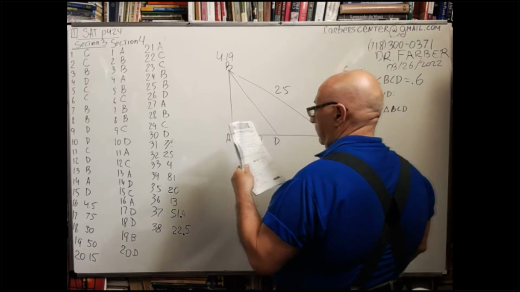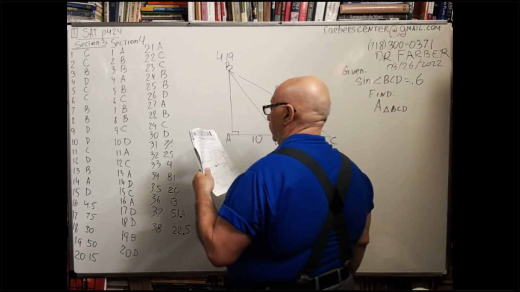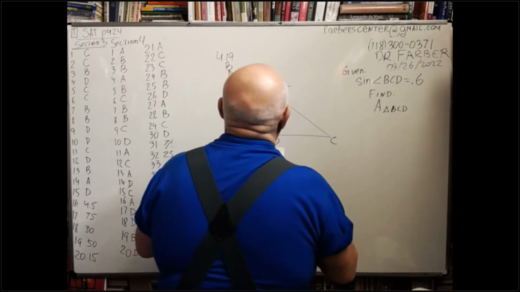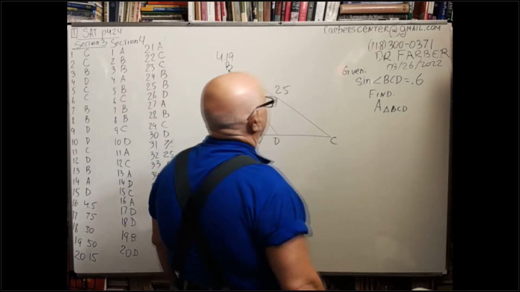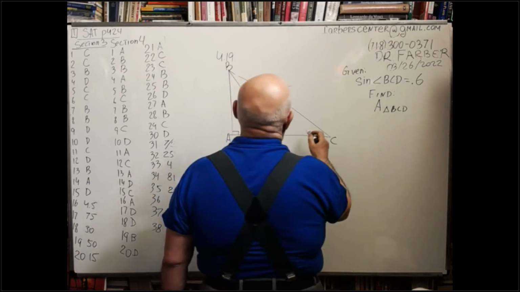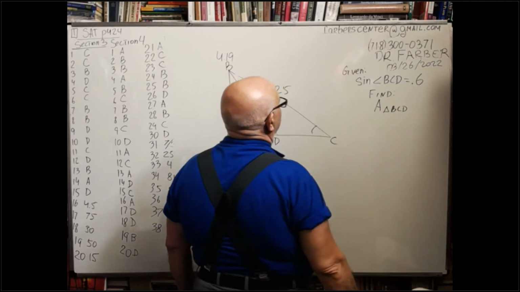Is that correct? Area of BCD. And the sine of BCD equals 0.6.